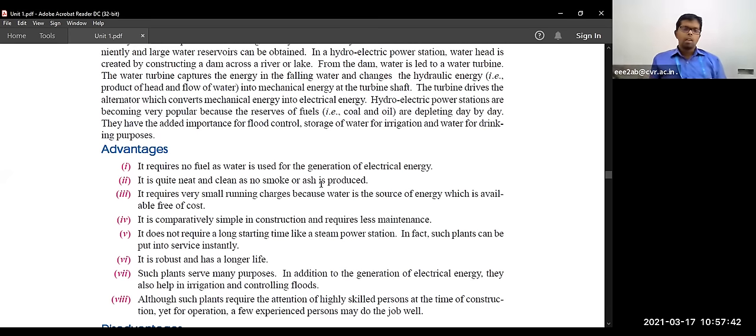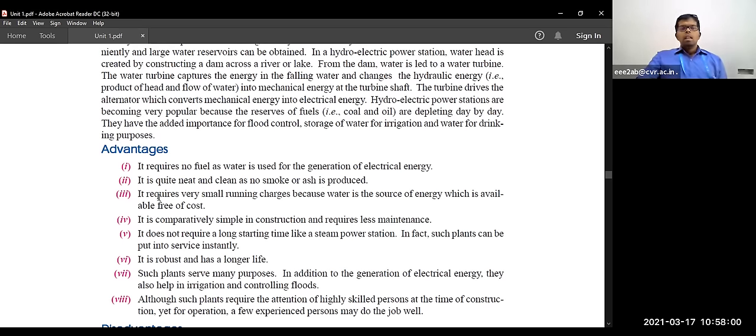You have to construct a water recycling unit, feed water pump, and many components are there in a thermal power station. But here the construction is very, very simple, and it also requires less maintenance.